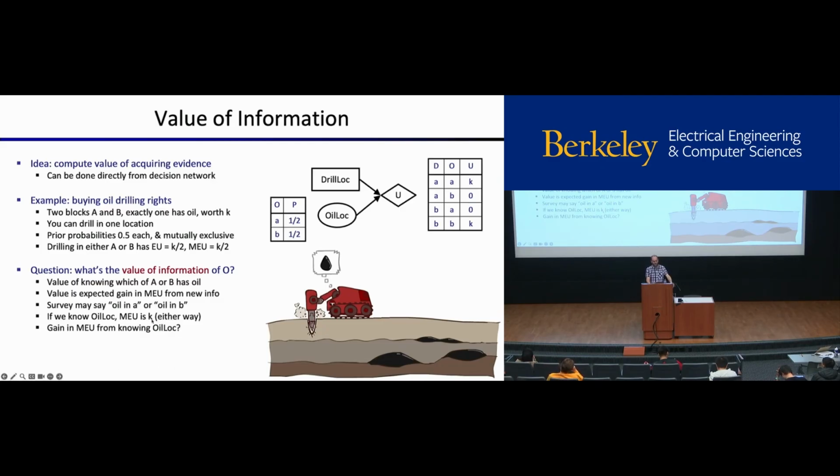So the maximum expected utility is K, whichever this turns out to be. And so the gain in maximum expected utility from knowing oil location is K minus K over 2, which equals K over 2. So your maximum expected utility has gone up when you got this information. So that's called the value of perfect information for the oil location. And that means the fair price of getting this information would be K over 2.